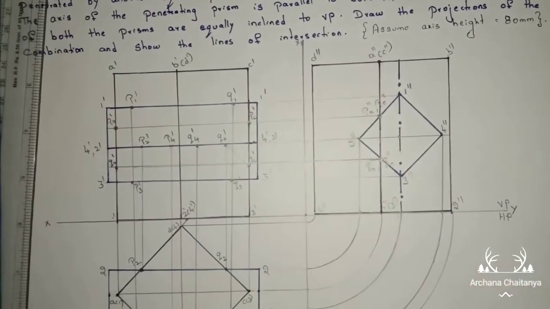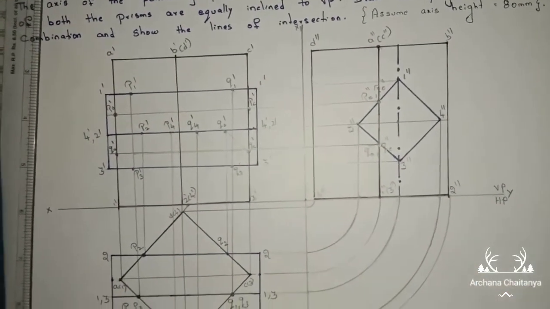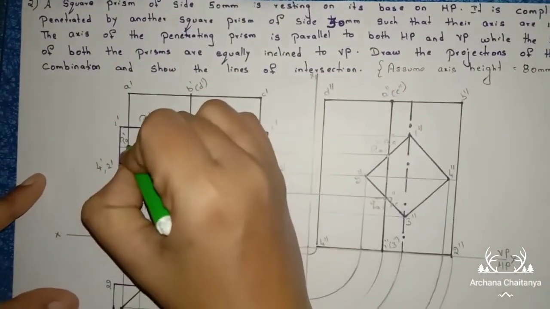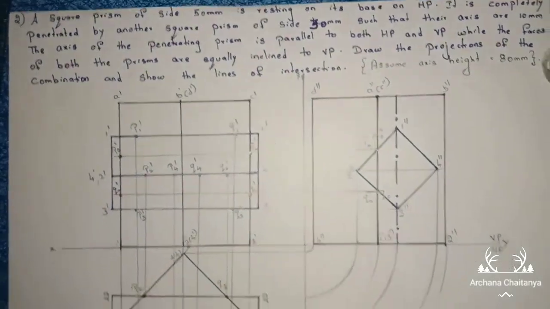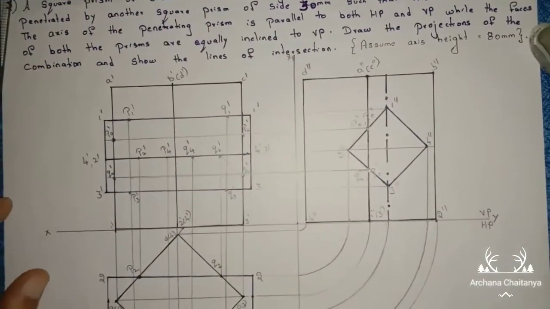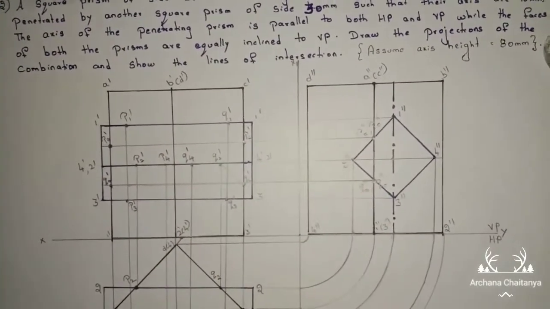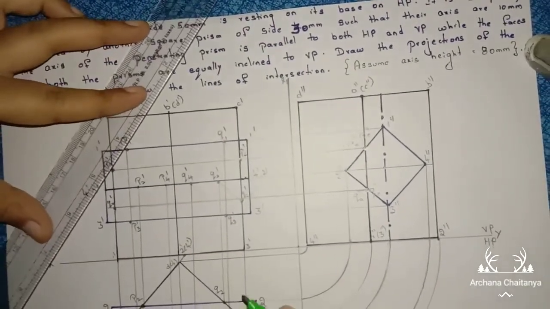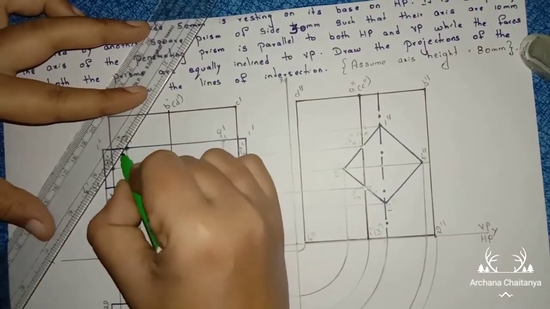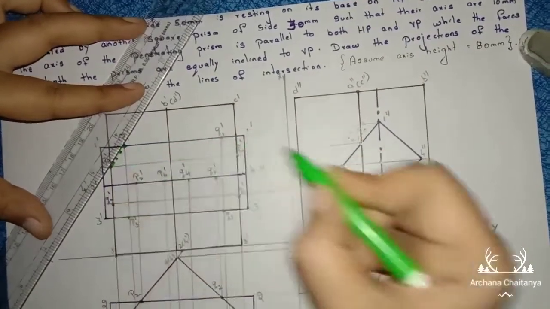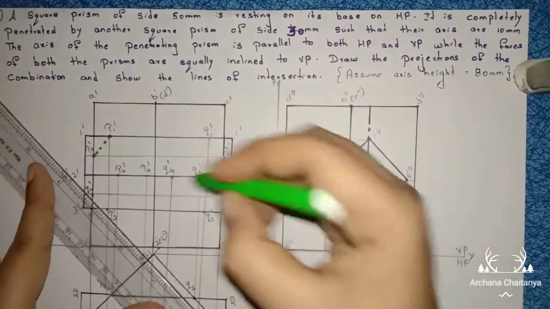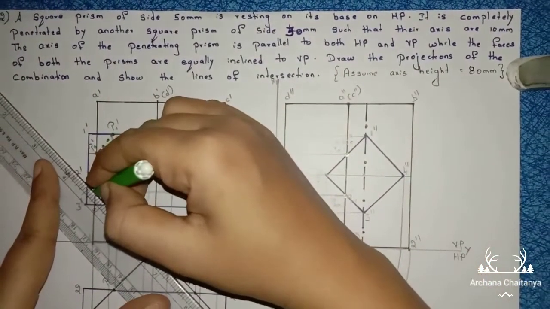Right, now join this one with the help of scale. Join PA dash P1 dash. Join P3 dash QA dash.